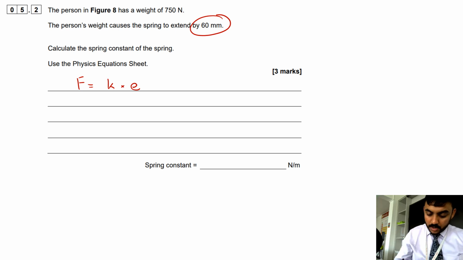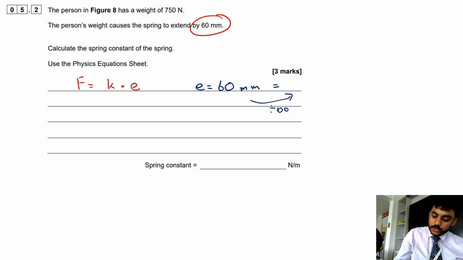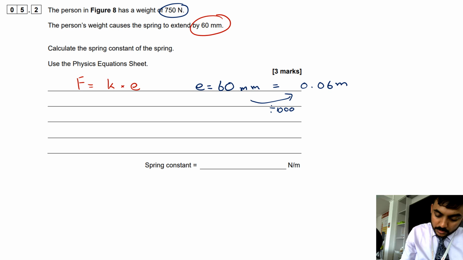However, before we move on, we need to convert the extension. Extension is equal to 60 millimeters, which is equal to 60 times 10 to the minus 3, or divide by 1000 to get to 0.06 meters.